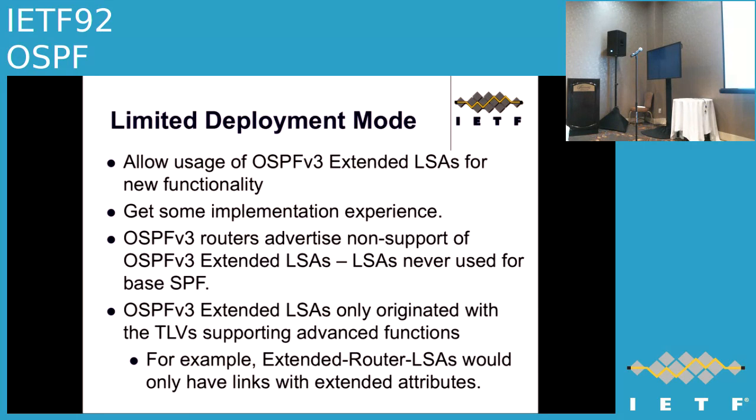That way you have a sparse advertising. In other words, it would be using the new LSAs in exactly the same way that they're used with the OSPFv3 extended LSAs. For instance, if you want to do segment routing in OSPFv3, you only advertise it for the prefixes and links that you did segment routing.